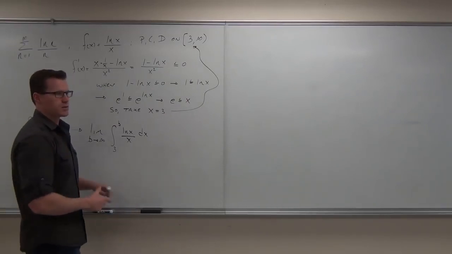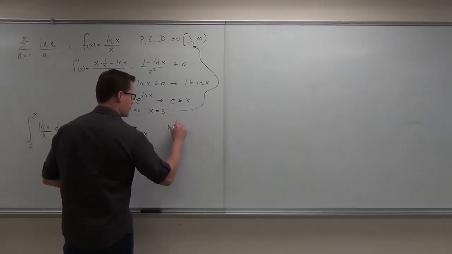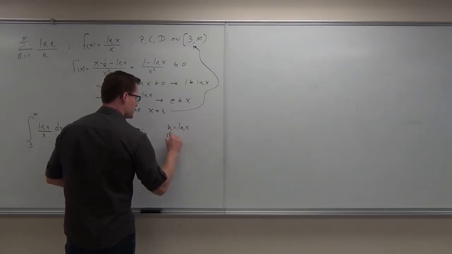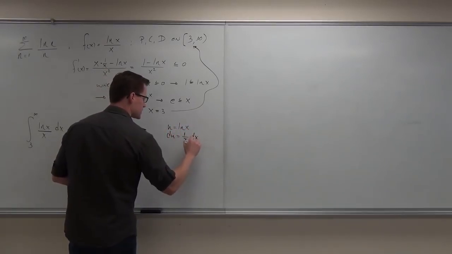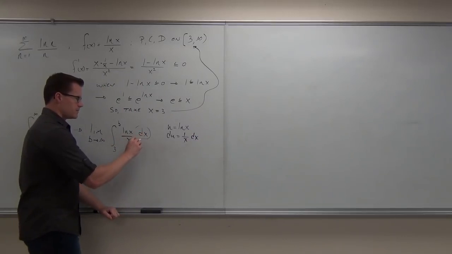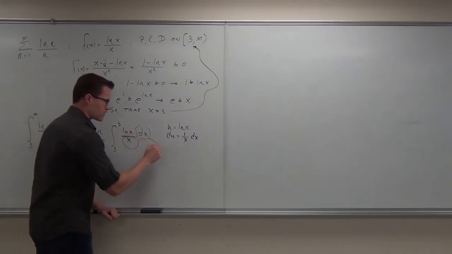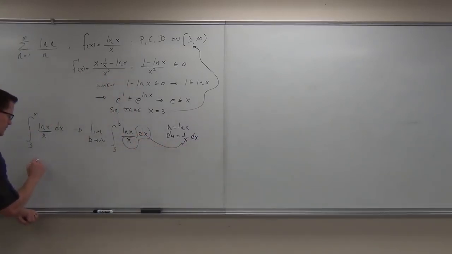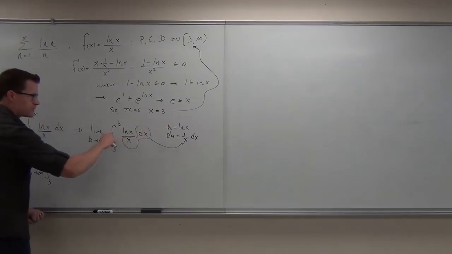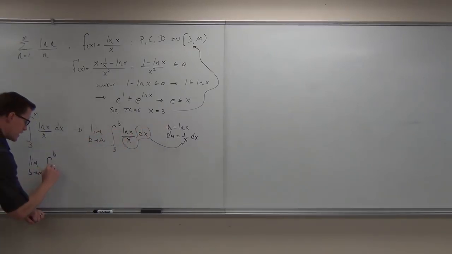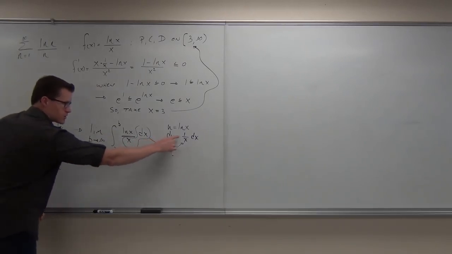U sub. What's our sub? Yep. du equals 1 over x dx. Do you see it? It's right there. This is 1 over x dx. Therefore, we have a limit as b approaches infinity, the integral from 3 to b of, well, since I do my substitution, u equals ln x, so I'm going to have u. du is 1 over x dx.